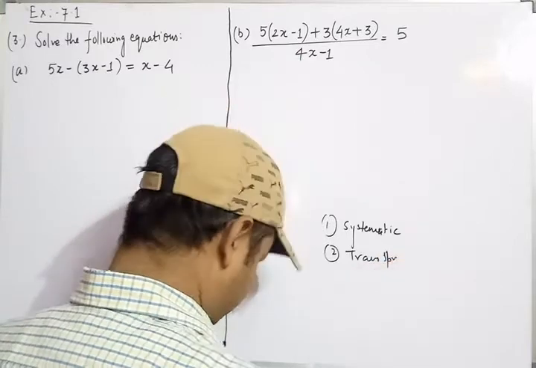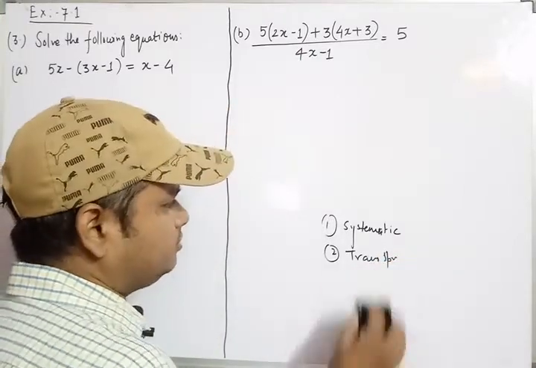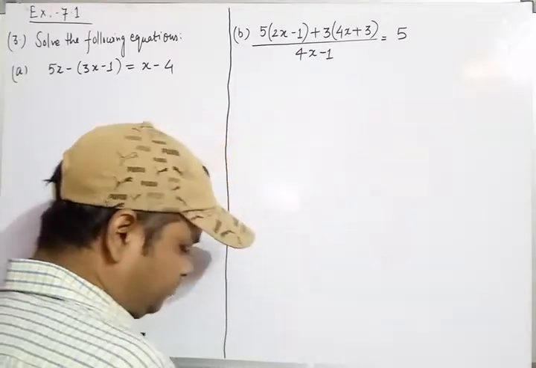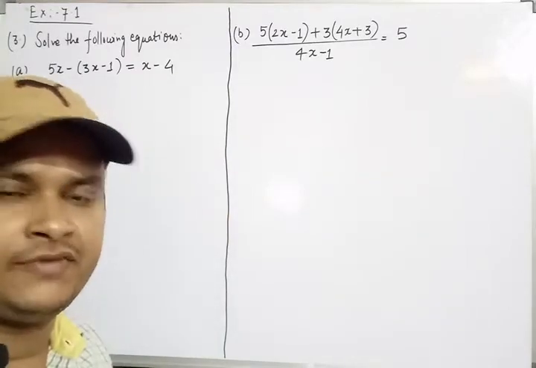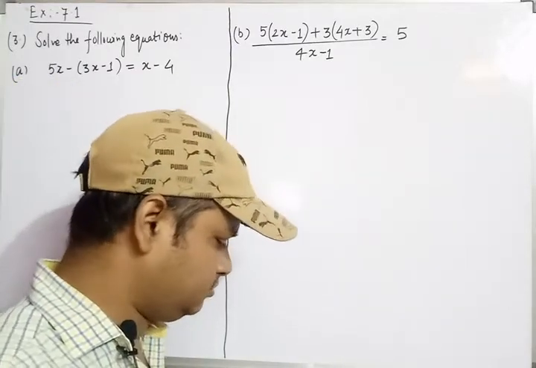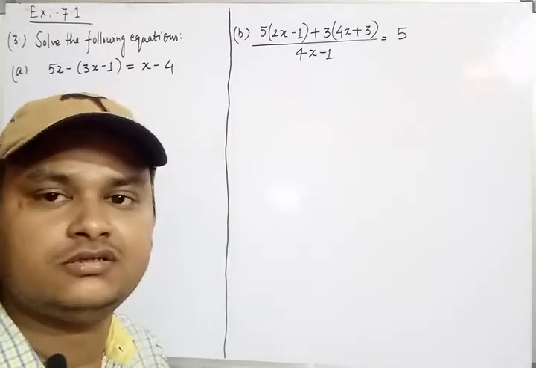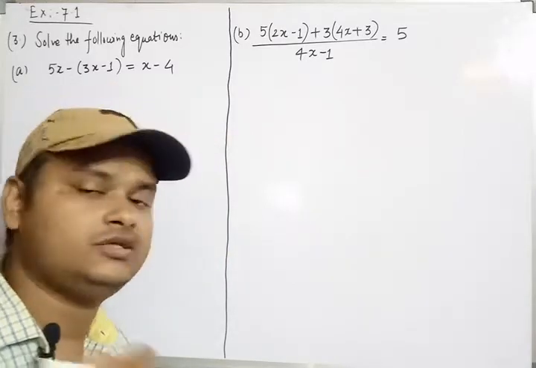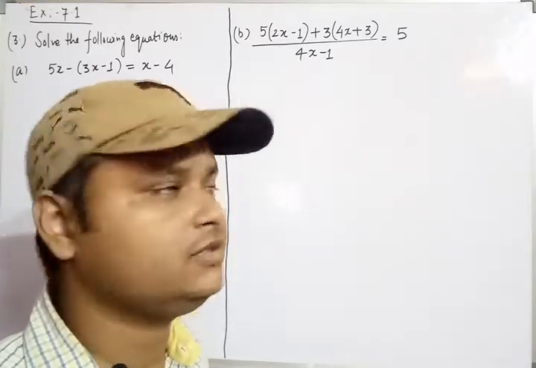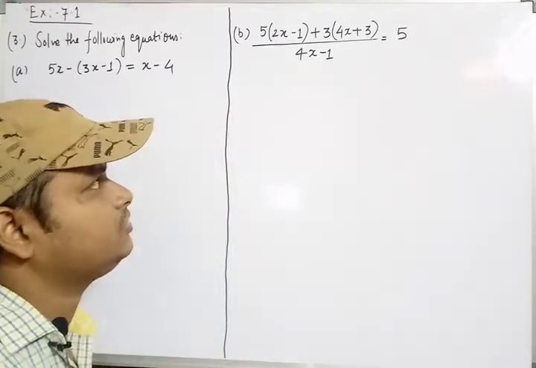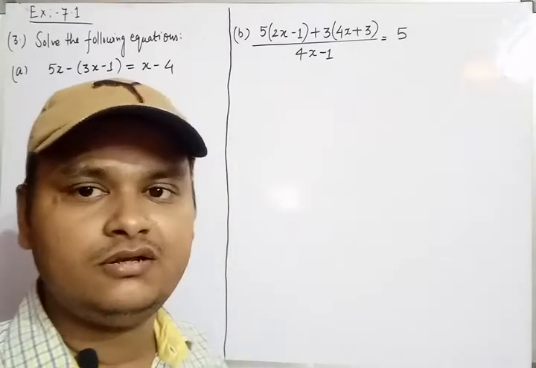You all also know that the systematic method is very useful for finding the solution, and the transposition method is very useful for finding the solution of linear equation in one variable in quick time.